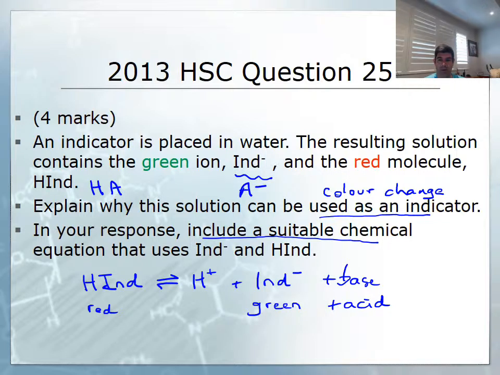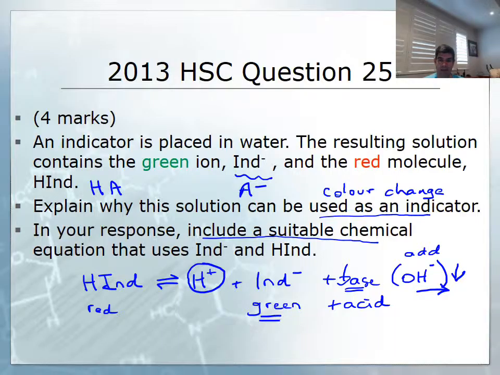So if we add a base, effectively we're going to use the Arrhenius definition, and that is the addition of OH minus ions. Either way, the base is going to attack this species here. So the hydrogen ion concentration is going to drop. Le Chatelier's principle says it will shift in order to counter that change, and therefore the solution will become greener.